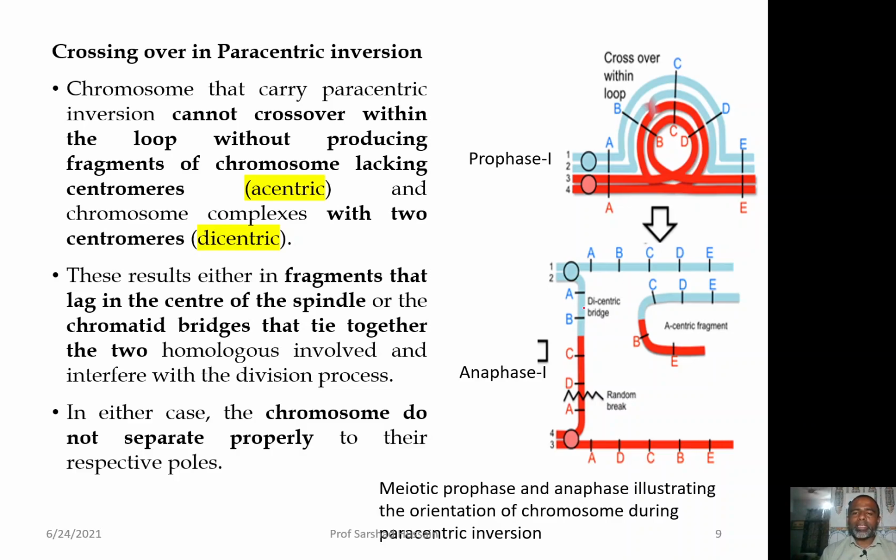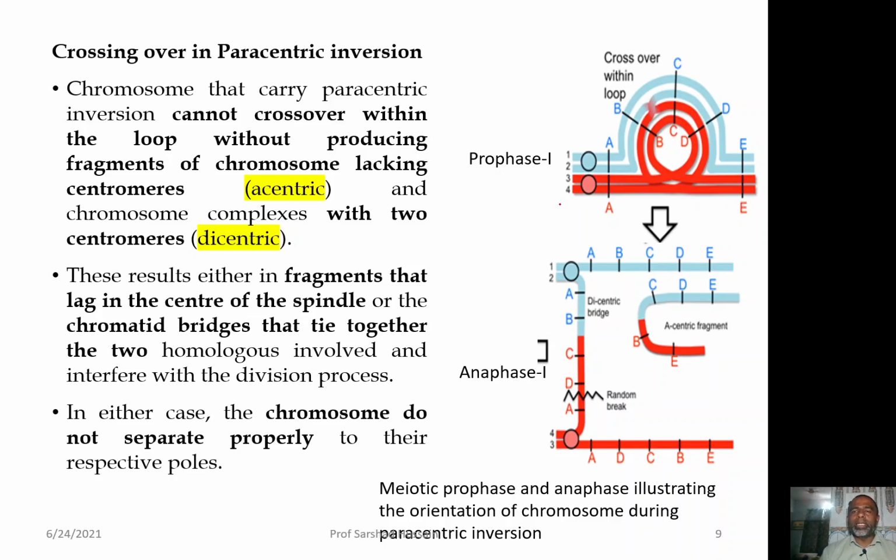So, in both cases, if they go to one pole, they will have deficiency and duplications, and if they do not go to the pole, the gametes will not have the chromosome. In both cases, the gamete will not be viable, it will be abnormal, so the individual will not be formed during fertilization.